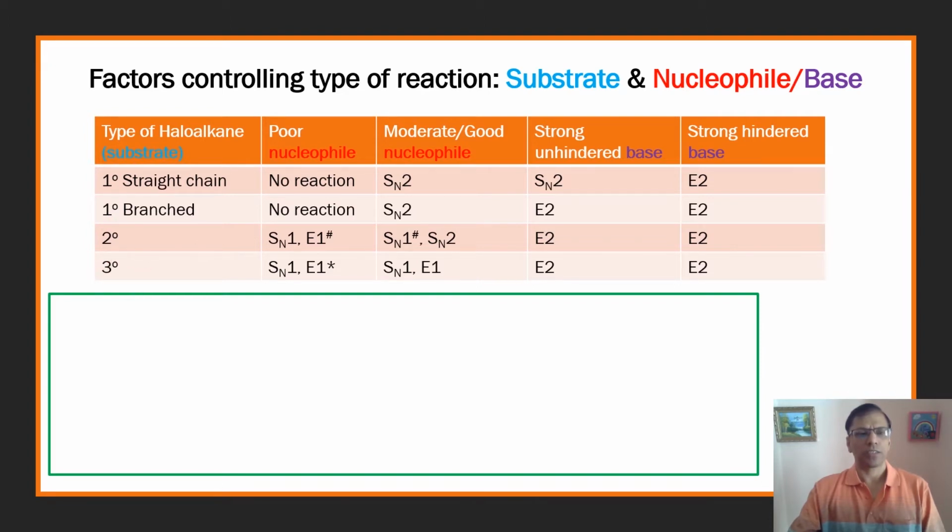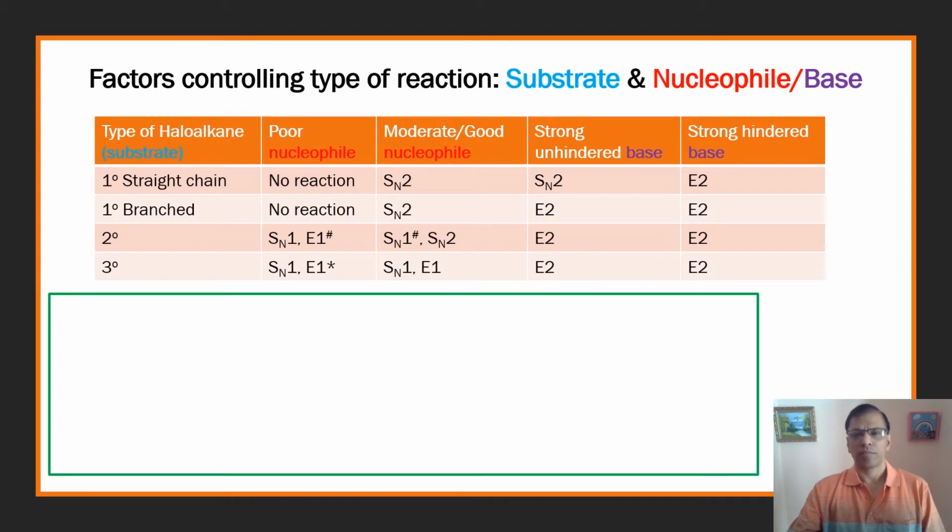Please refer to my video on naming alkanes that explains more about primary, secondary, and tertiary carbons. And then you have two different types of nucleophiles, poor nucleophile and moderate and good nucleophile.